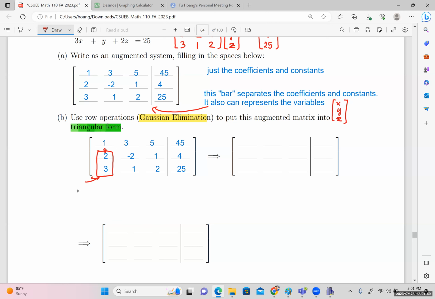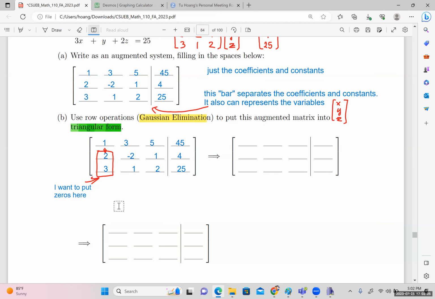I want to put zeros here. I want to put 0 here, and I want to put 0 here.